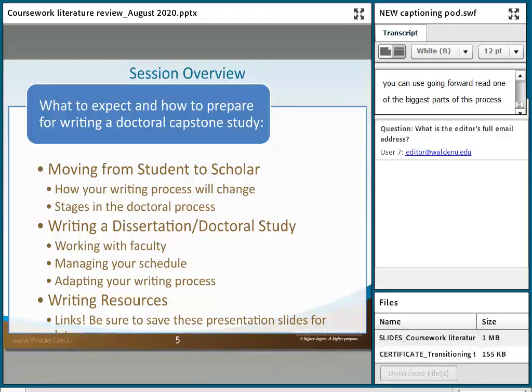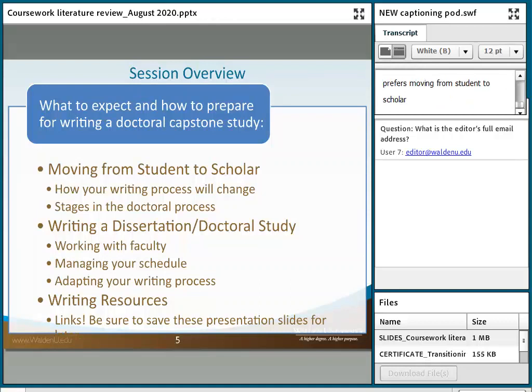One of the biggest parts of this process is figuring out how to do it on your own. You have help. You have help from your committee. You have help from the Writing Center. You have help from the IRB. You have tons of help, but really you're driving this ship or whatever we want to call it at this point.